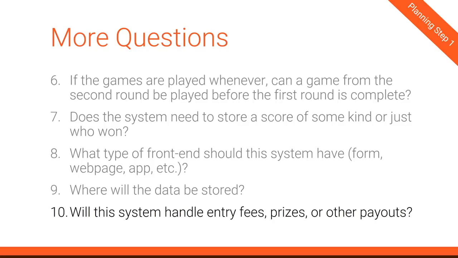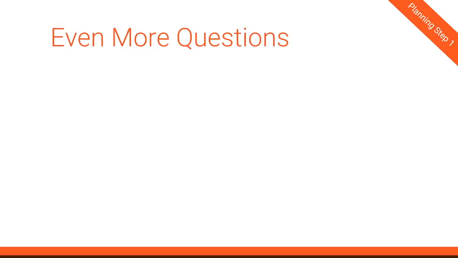So 8 players in the tournament, they each pay $10. Winner takes $40. The second place person takes $20. And we could go on down from there. So the question is, are we going to do that? We're going to have entry fees. We're going to have prizes. We could have prizes without entry fees. We could have entry fees without prizes. We could have other payouts. But the important thing here is we ask the question. All right, so that's question number 10. We're done, right? No, we got even more questions.